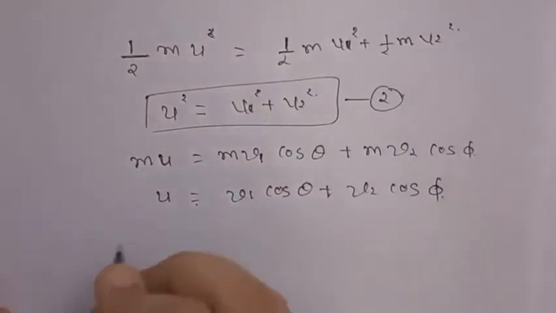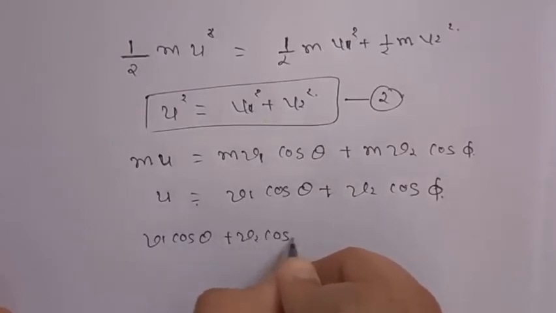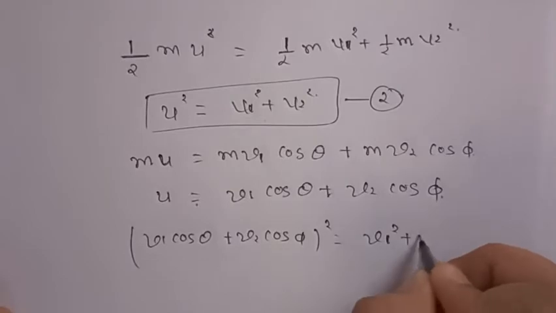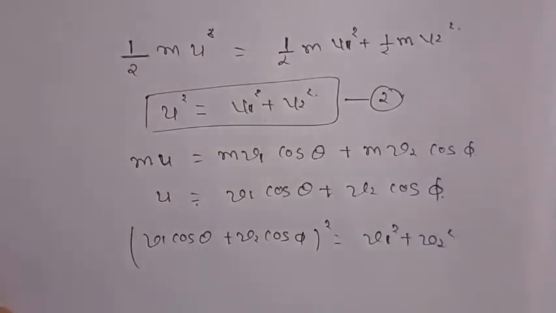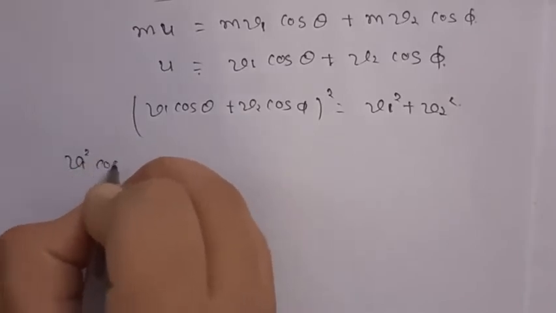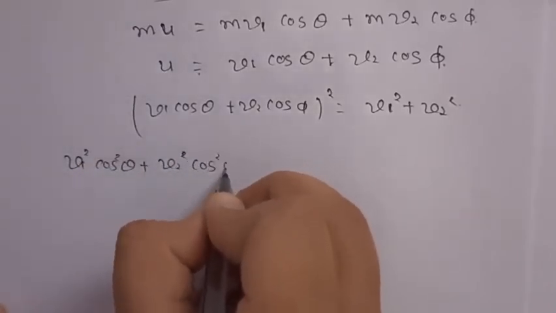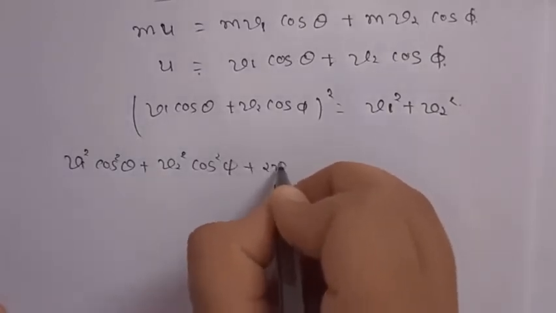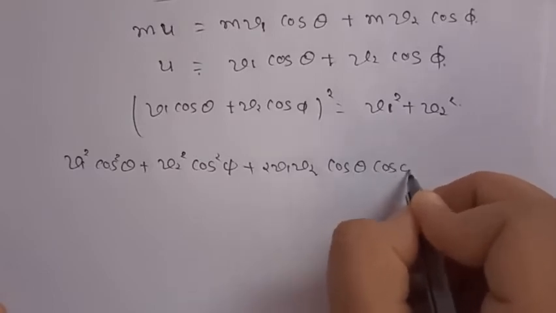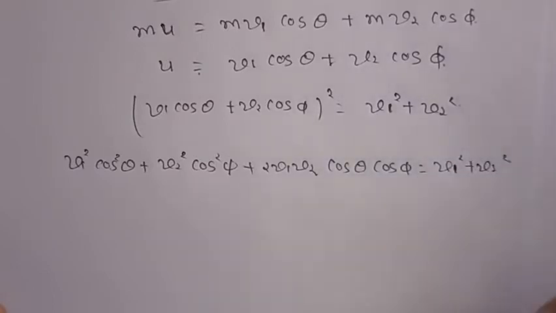We will get (v1 cos theta plus v2 cos phi) whole square is equal to v1 square plus v2 square. Solving this, we will get v1 square cos square theta plus v2 square cos square phi plus 2 v1 v2 cos theta cos phi is equal to v1 square plus v2 square.